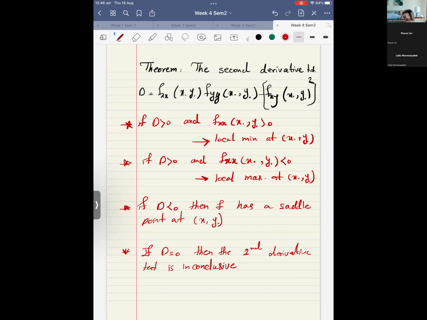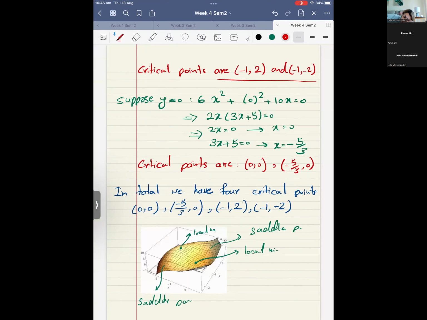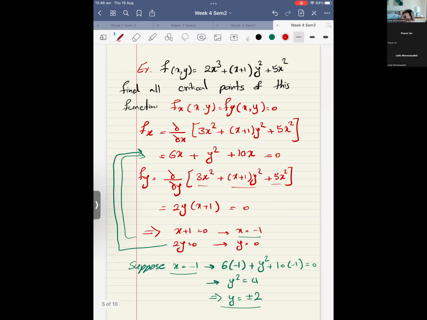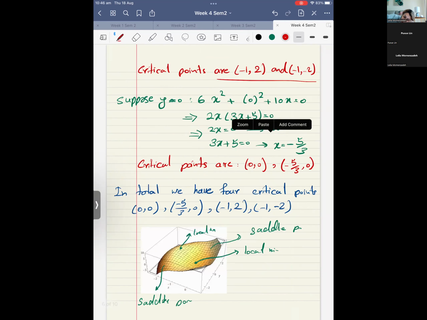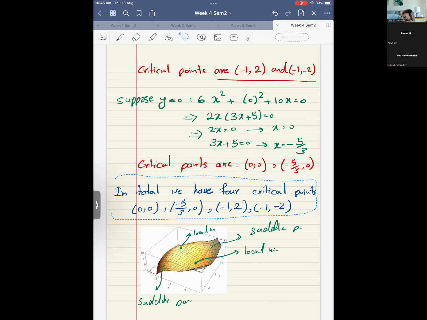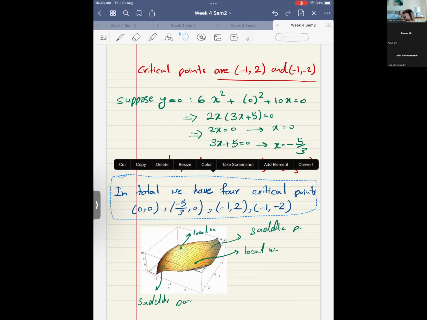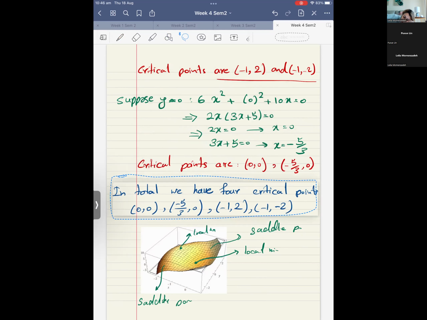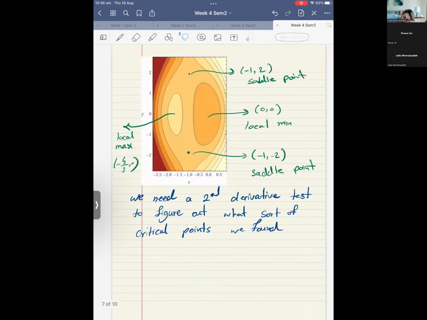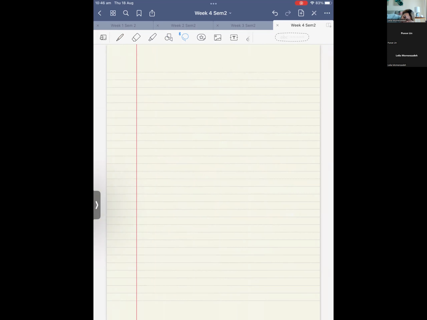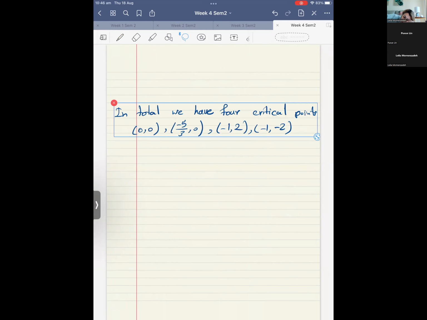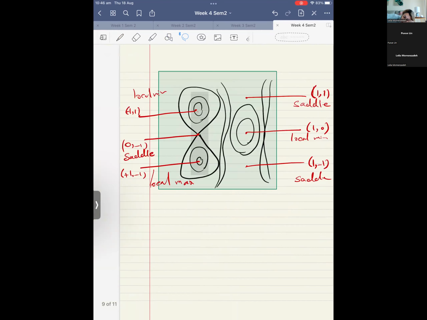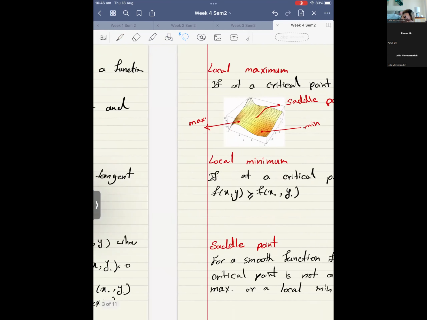Do you remember this example? We want to check this one without the graph, how the second derivative looks. We know the critical points here. Let me copy this one, and let me copy the example.